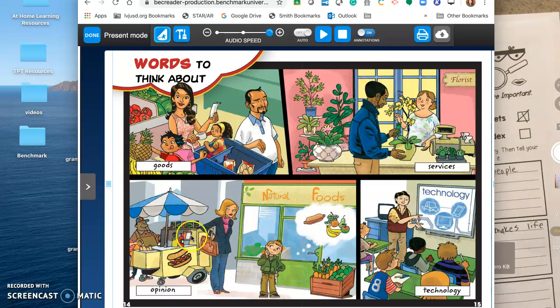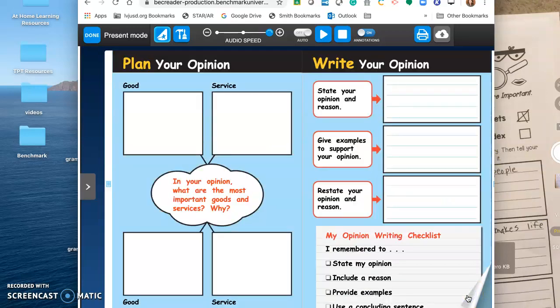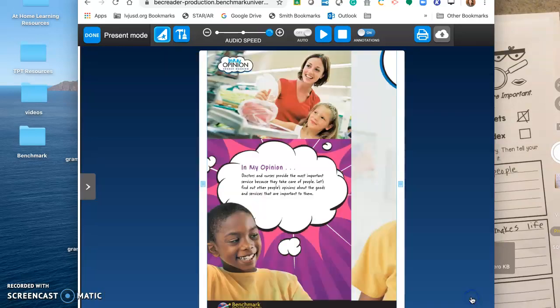It tells important words and then it gives me a picture of what those words mean. This is a writing plan, so that was not a feature we were looking for. And I think that is the end.